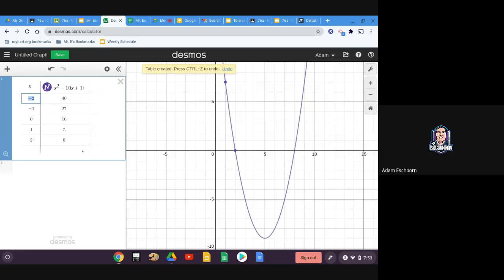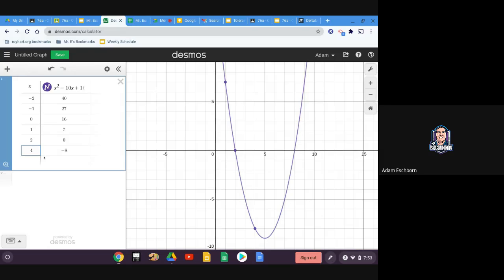So let's convert this to a table and then find 2 more points that we can use. How about 1, 7, which is right there. 2, 0, we already have that. 0, 16. A lot of these numbers are not very helpful because they're too big for our graphs.